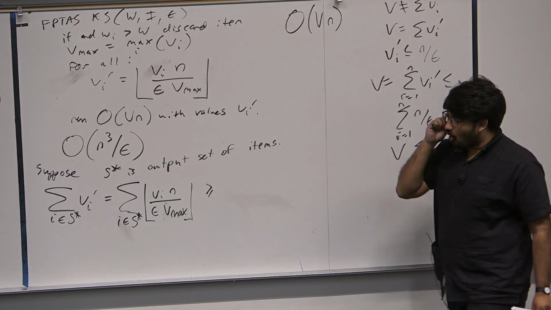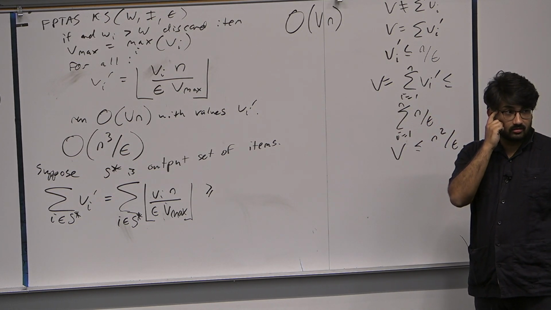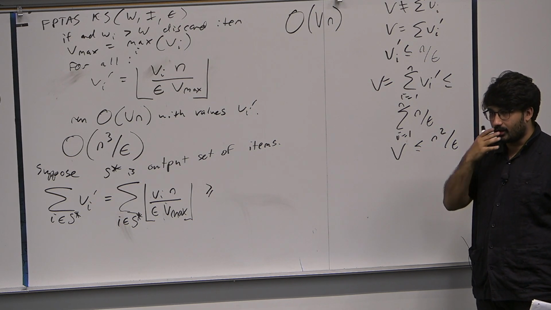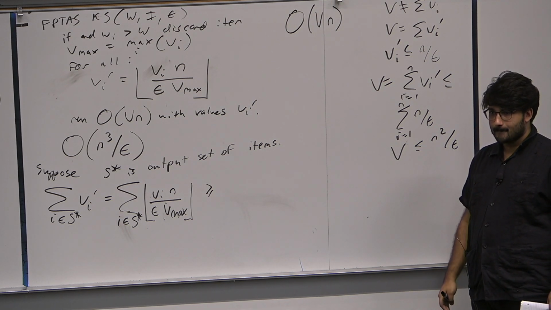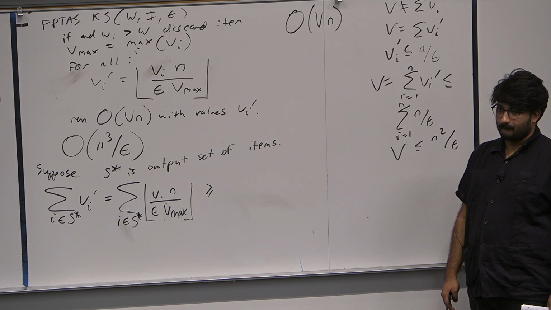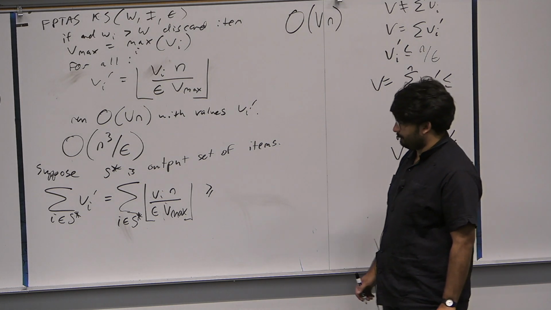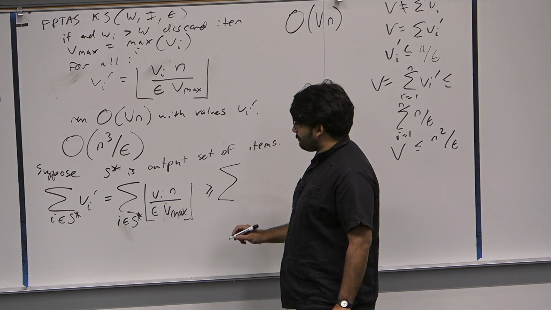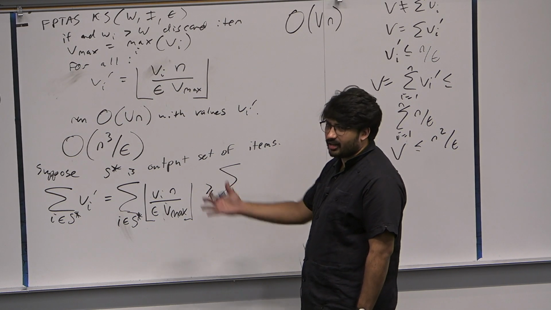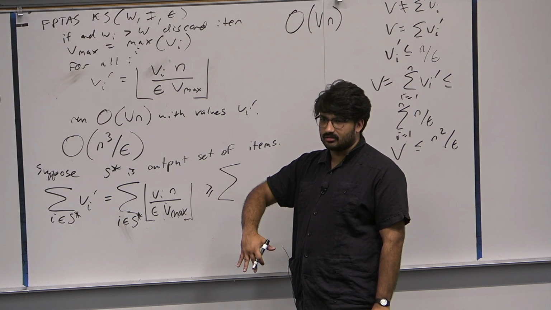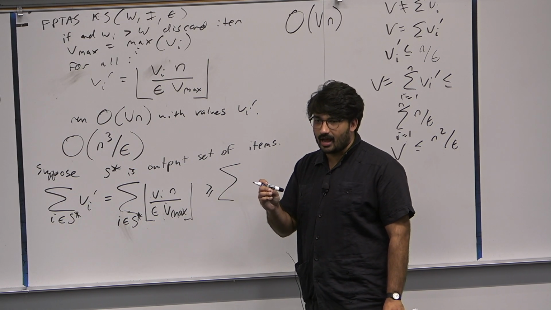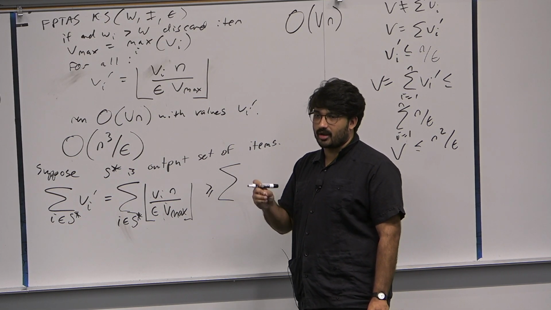What's a way we can overestimate a floor function? Floors, ceilings, all are annoying. Over epsilon v max. This is definitely more than that. That is definitely more than the floor, but we can underestimate that as well by a factor of 1 from each, right? Rounding down is greater than subtracting 1.